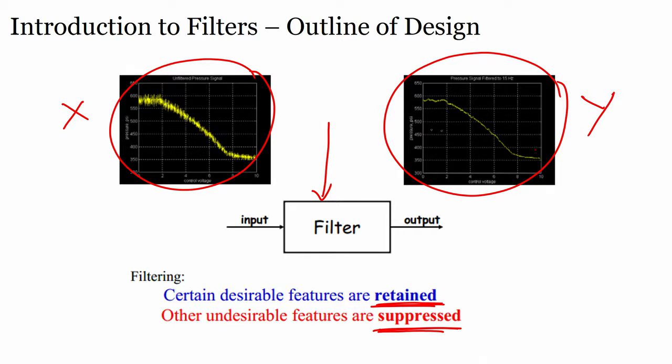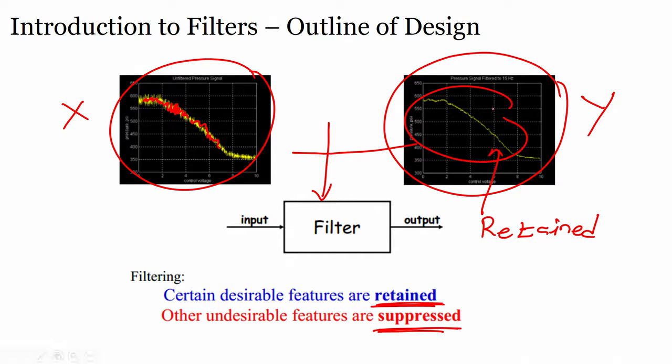If you see these signals, let us say x and y, the signal that we are interested in is retained, while the noise, the spikes that you see here, are not present in the output. That means we have suppressed the spikes, our undesirable features, alright.